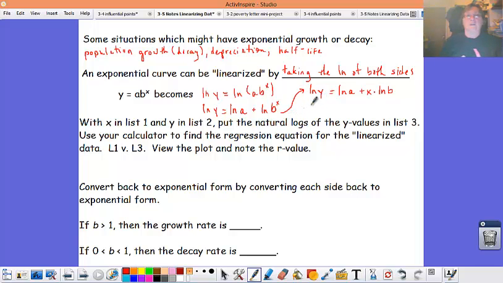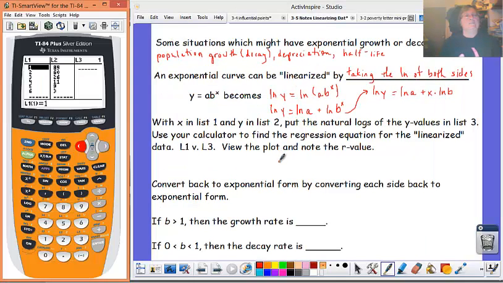So I'm going to go grab my calculator, and you can see I have my data. In list 1 I have the number of turns it took to get heads. In list 2 I have the number of times that happened. So what we're going to do is ask for the natural log of the y values. So we're going to come over to our list 3 up on the title and just tell it the natural log of what's in list 2, our y's.